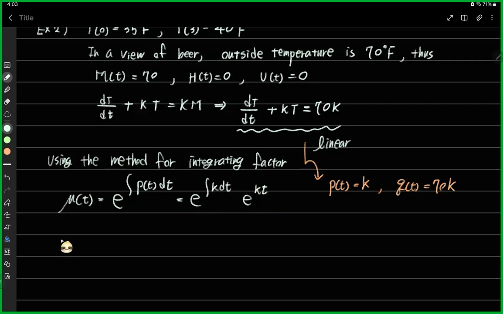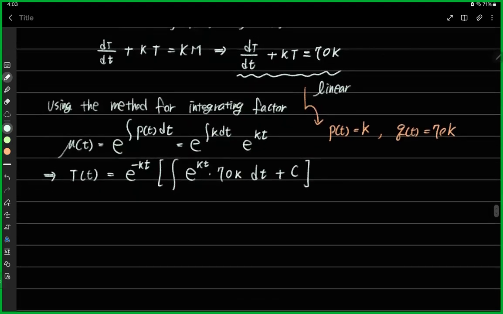Then T of t is going to be e to the minus kt times the integral of e to the kt times 70k dt, plus C. So this is equal to e to the negative kt times the integral of, this is what, 70k times e to the kt.